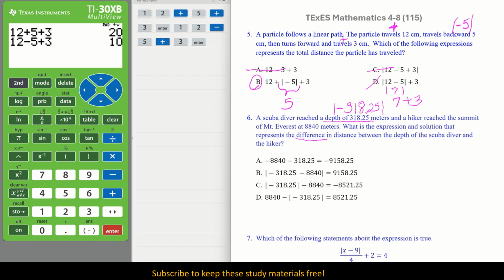So they don't mean how far are they apart. They're like, who's gone further, maybe, or what's the difference? So what we really have is we are taking the 884 and subtracting the absolute value of the diver. So let's see here.